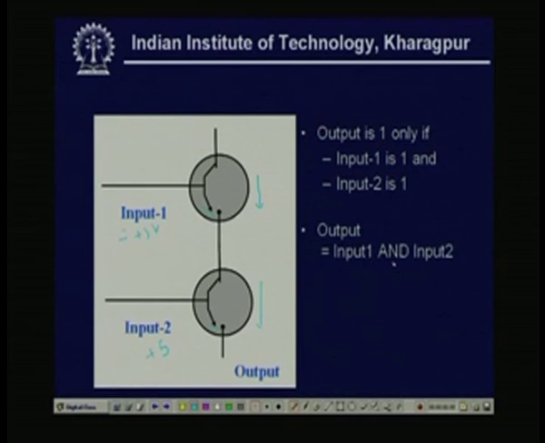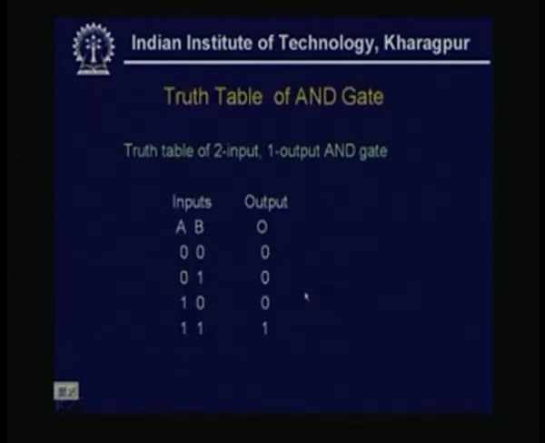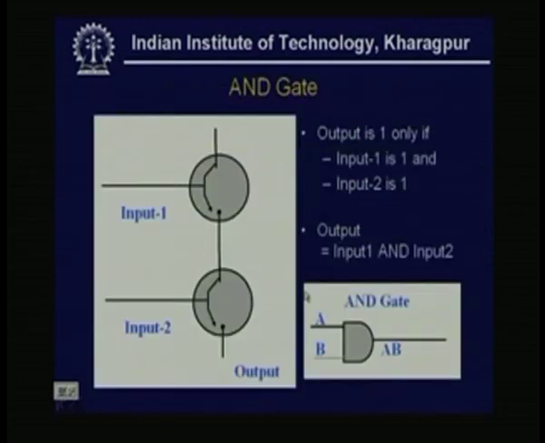So the output is input 1 and input 2. That means there will be 2 inputs and 1 output. How do I represent that? I can represent this circuit by this notation.